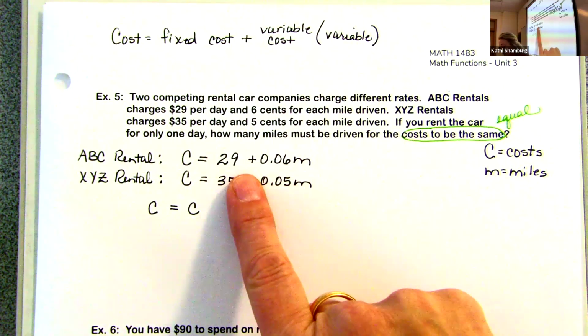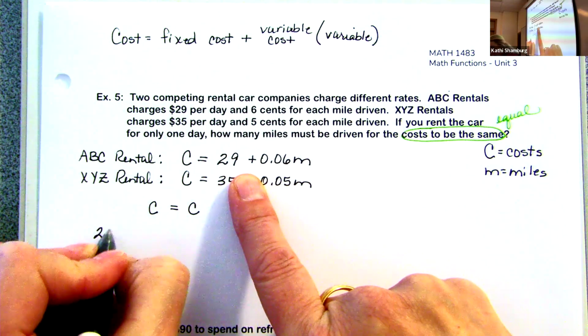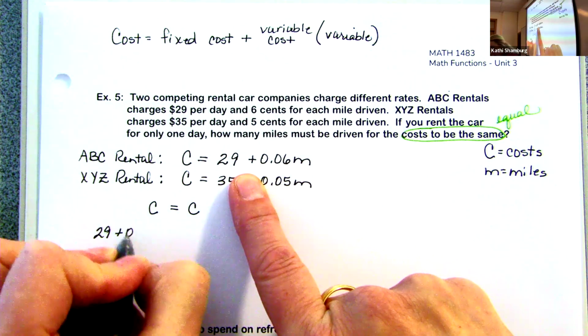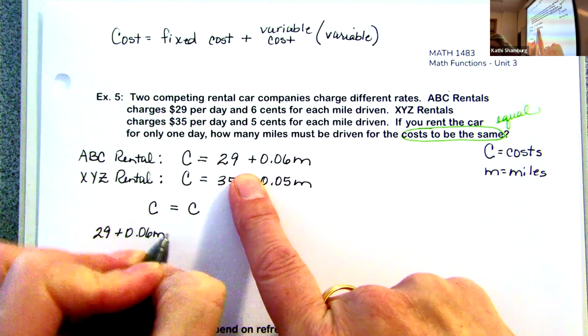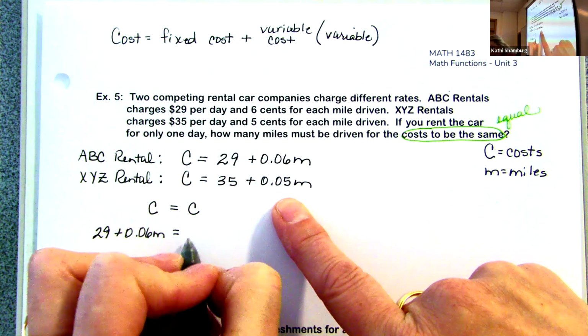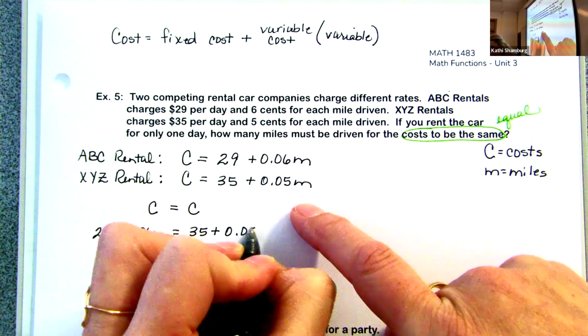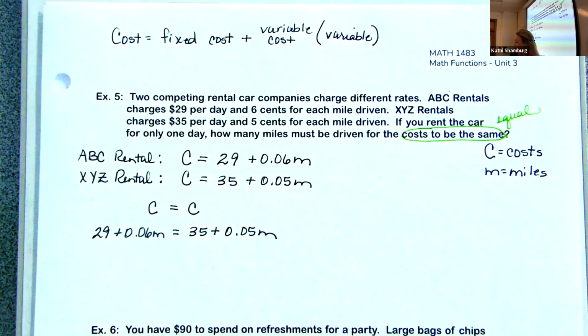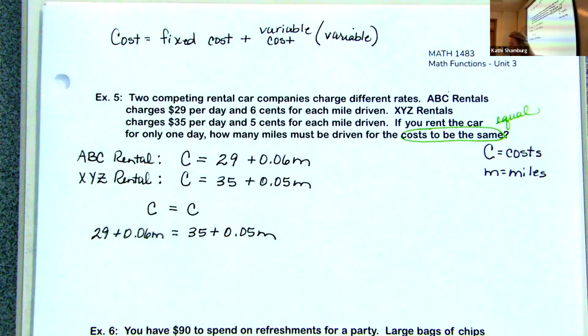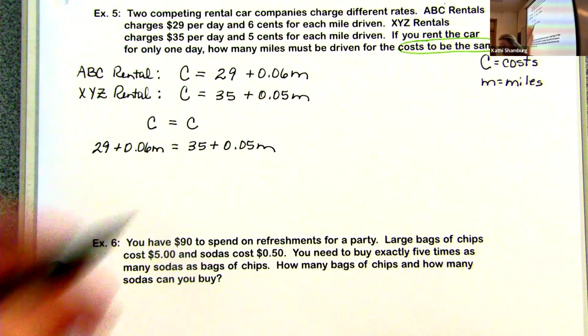So I'm going to put the cost in for my ABC, 29 plus 0.06 miles equals the cost of the XYZ, 35 plus 0.05 M. So I have an equation where I have one variable now.